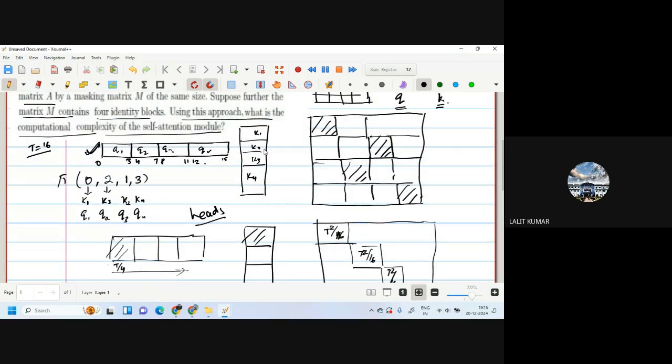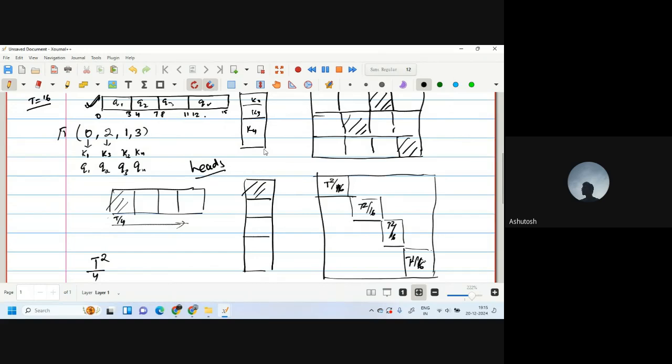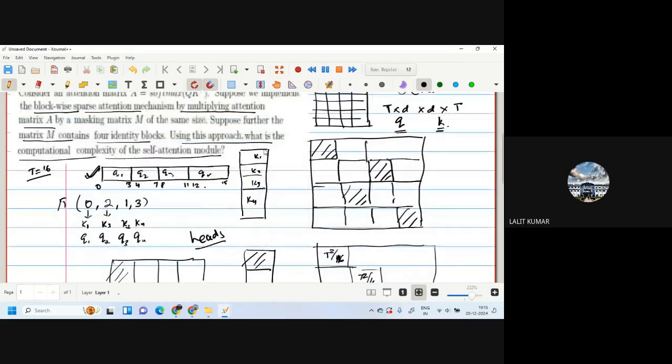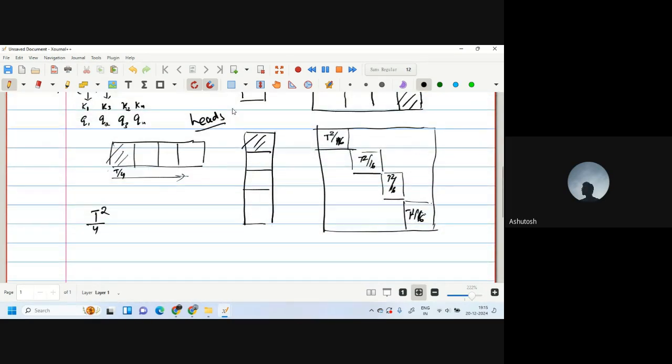Is that okay? Yeah, this is the complexity, right? T square by 4, you are saying. And in the question, they're asking computational complexity. So T square by 4 is the computational complexity. When we take computational complexity, we remove the constant. So this will become O(T square). Okay, so this is the answer.